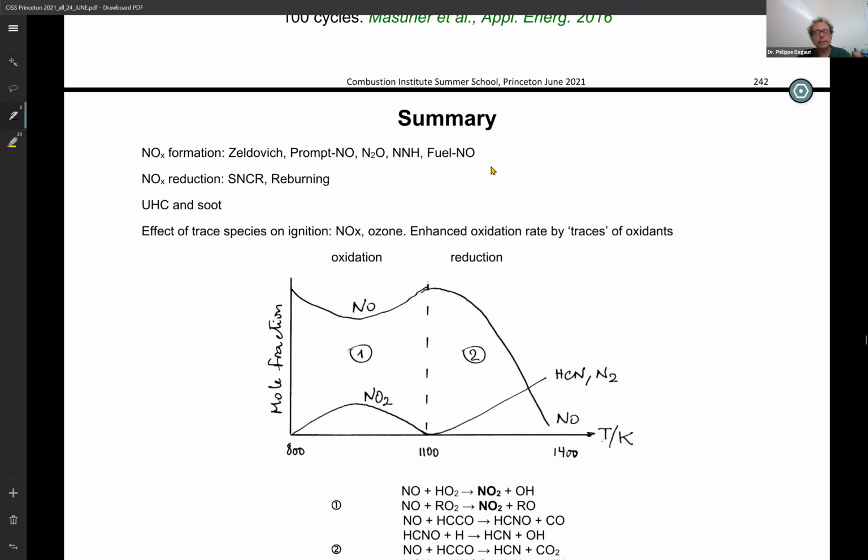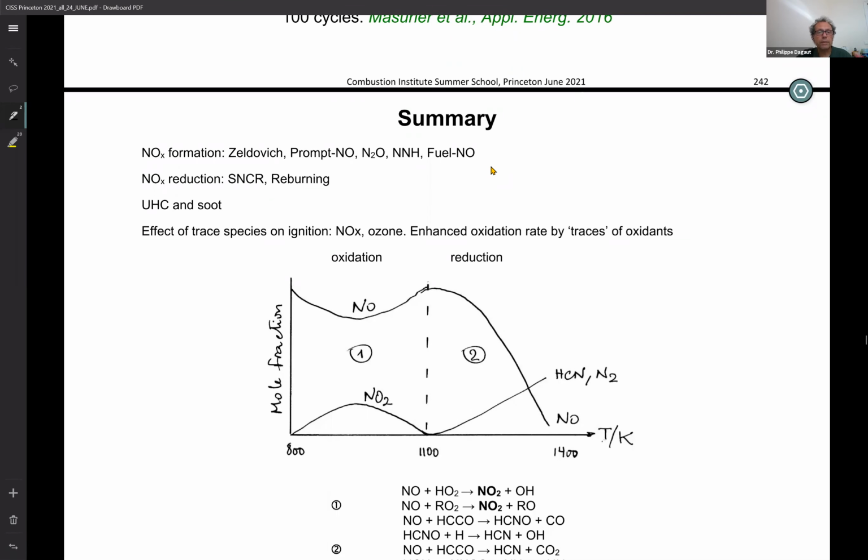So reburning is a process where you have several stages. In the first stage, you are producing NO under close to stoichiometric conditions, and then you are creating a slightly rich zone. You don't need to go very far in equivalence ratio. Something around 1.2 is enough, or even below, to have a reducing condition.